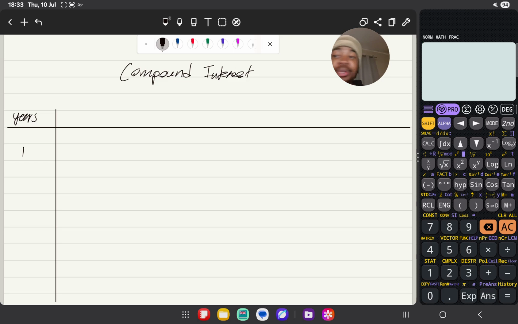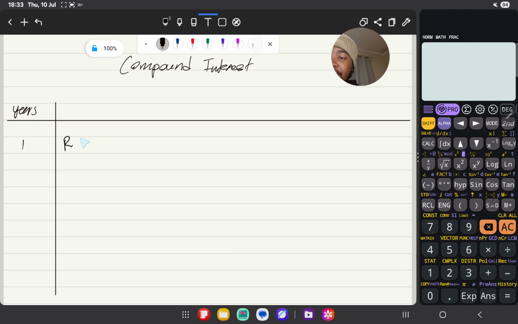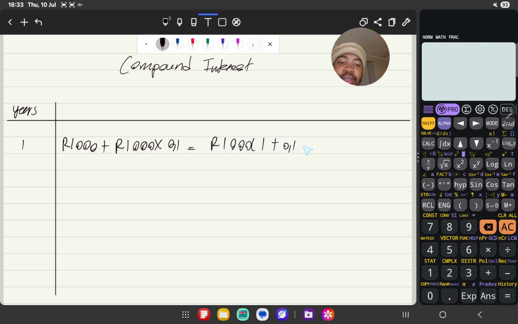So the amount of money I'm expecting to get is 1,000 rand plus the interest, which is 1,000 multiplied by 10%, which is 0.1. This is how much money I will have at the end of year one. So I can say this is the same as 1,000 times (1 plus 0.1), close bracket, right?